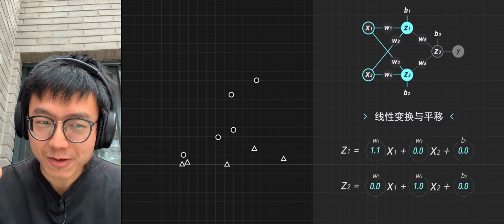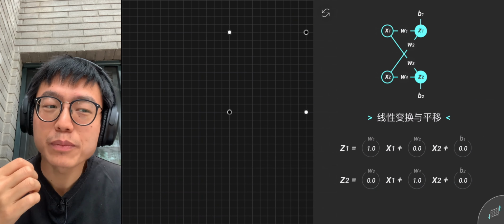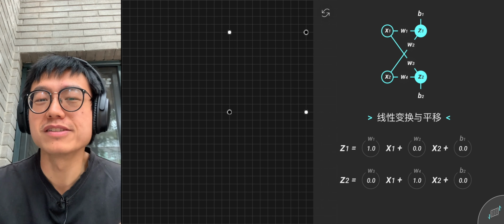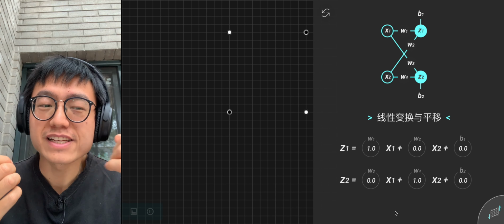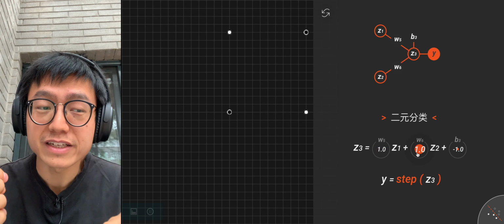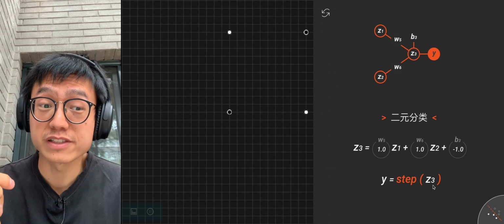Okay, now let's try to adjust these W and B to see if we can separate the 4 points. In addition, adjusting W5, W6, and B3 here can change the position of the straight line.